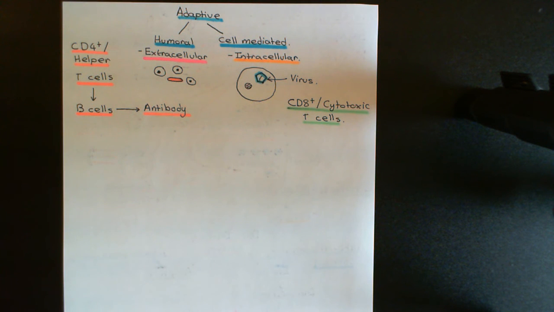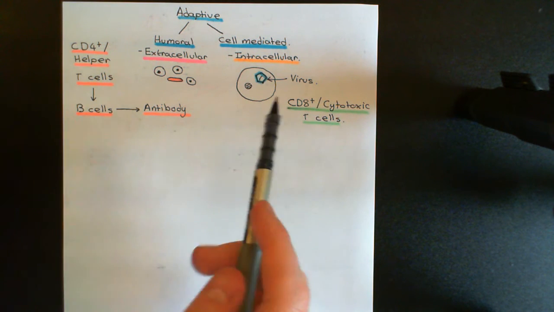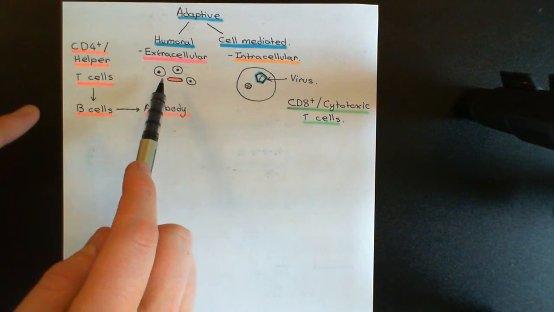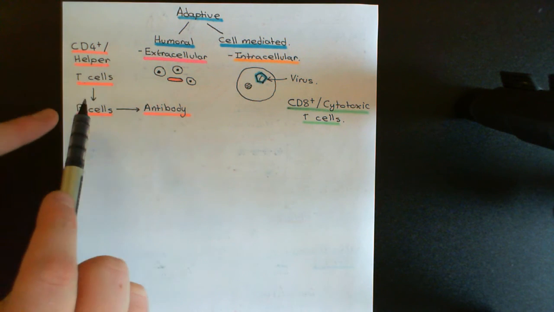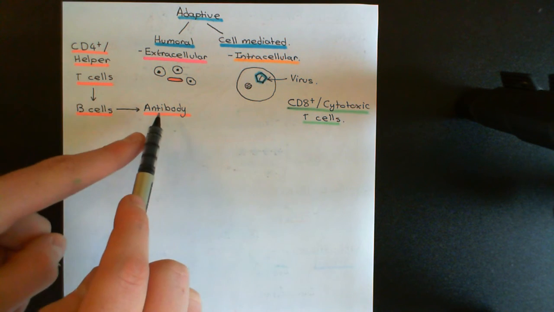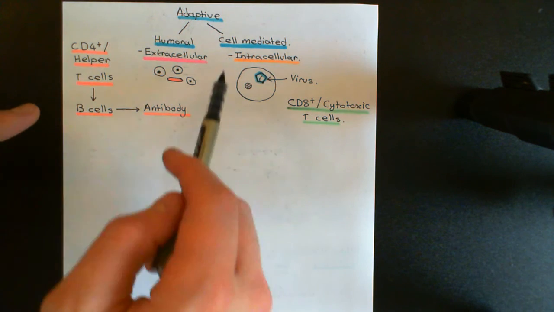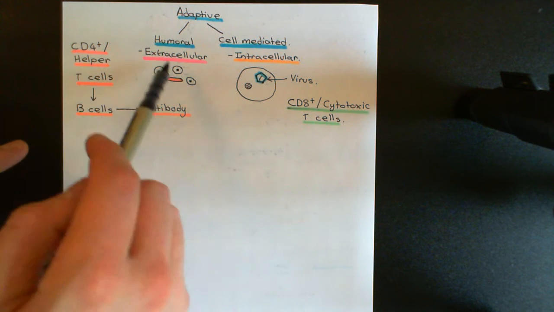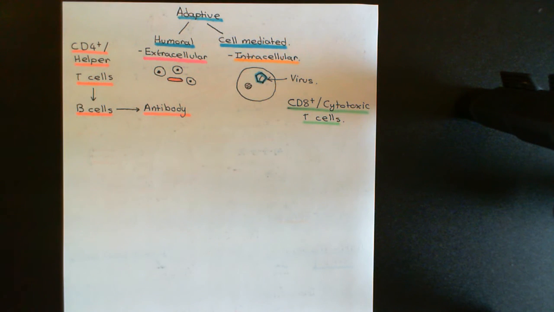It's also worth explaining that to keep the adaptive immune system running, you have to continuously be reinitiating the activation process. When the pathogen is present, you will activate a whole bunch of CD4 positive helper T cells, which will then activate B cells, which will then produce lots of antibody. But these cells don't last forever. You have to continuously be doing the process over and over again. These cells will be cleared from the body within a certain period.